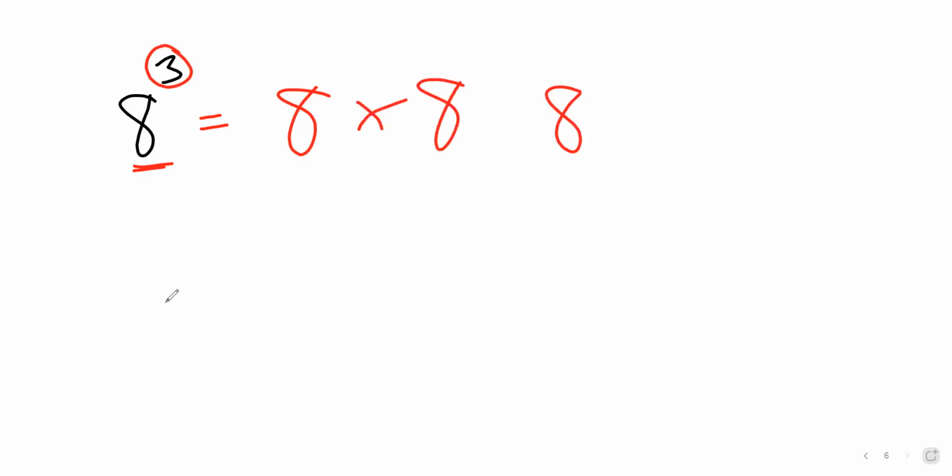Regardless, what this says here again is only my base number, 8. I have 3 of them, and they are multiplying by themselves. So this is even going to be a big value. Let's try this again. I know that 8 times 8 is 64. I don't know why that was so hard for me to do.